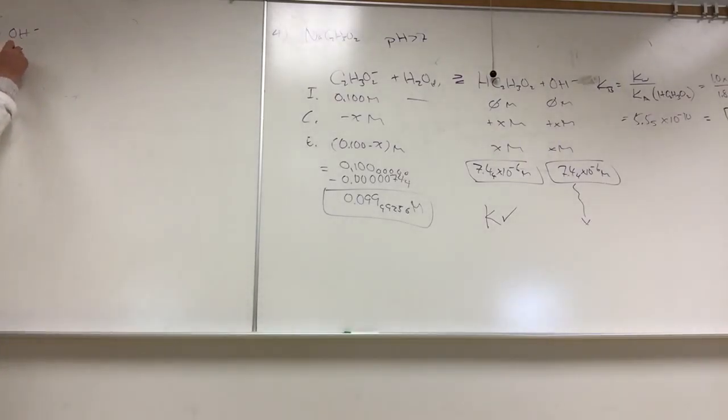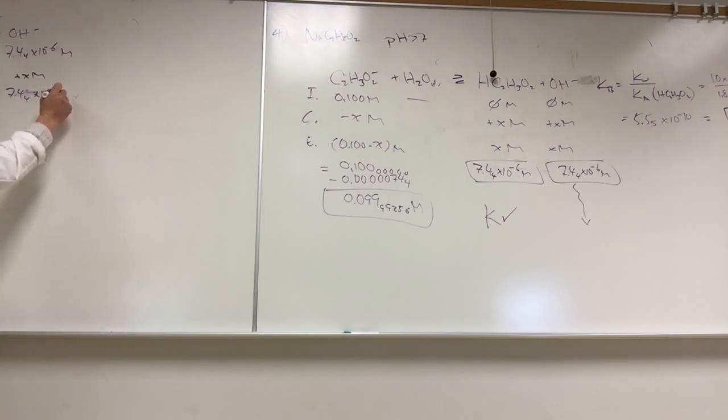It's going to be 7.44 times 10 to the minus 6 molar, and hydronium is 0 molar. So this is going to be plus X molar, plus X molar. And so X molar and X molar. 7.44 times 10 to the minus 6 plus X.